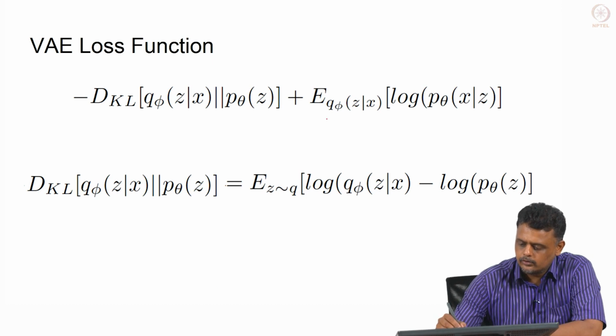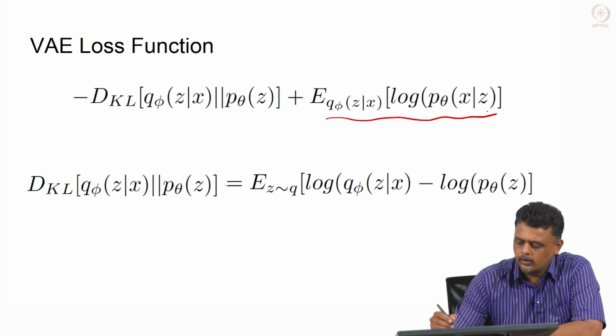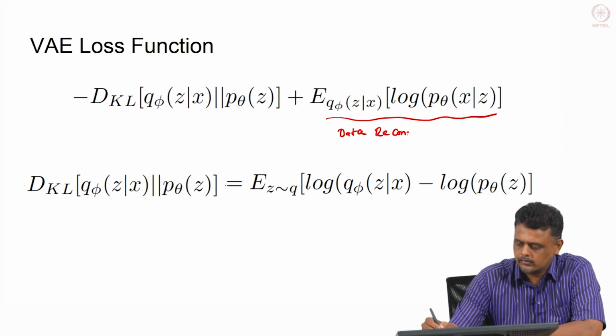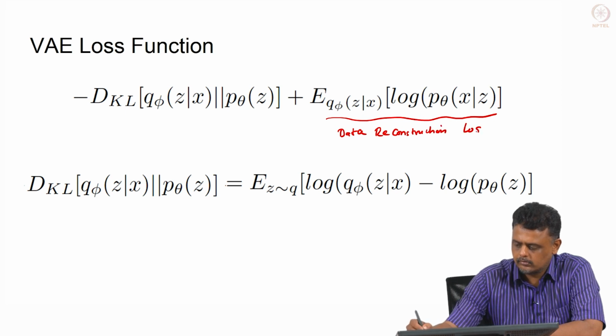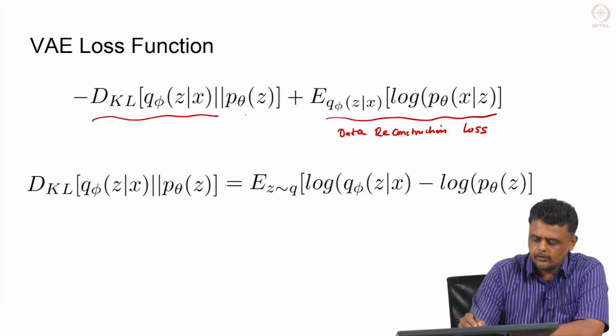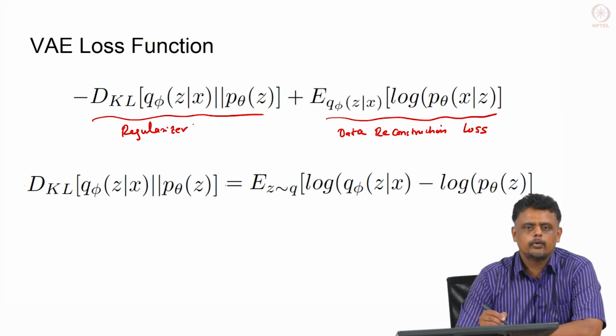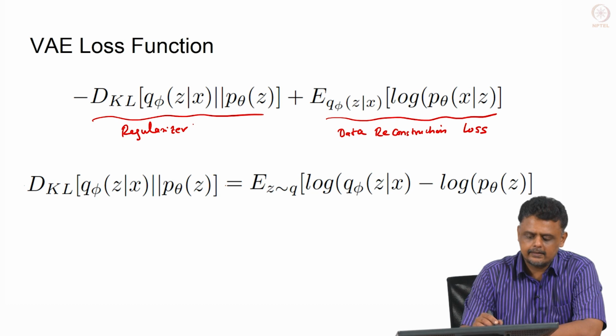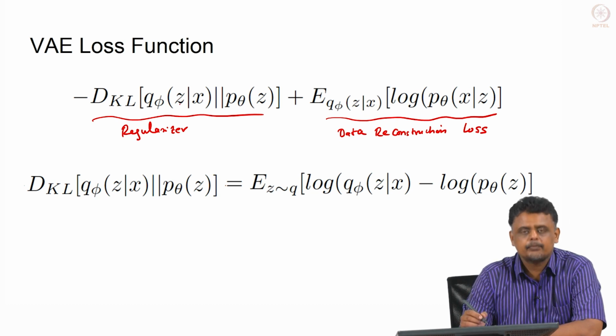This is your data reconstruction loss, this is typical in most networks, and this is your regularizer.